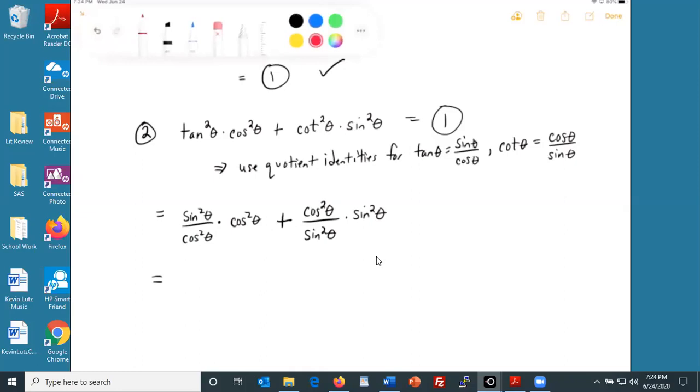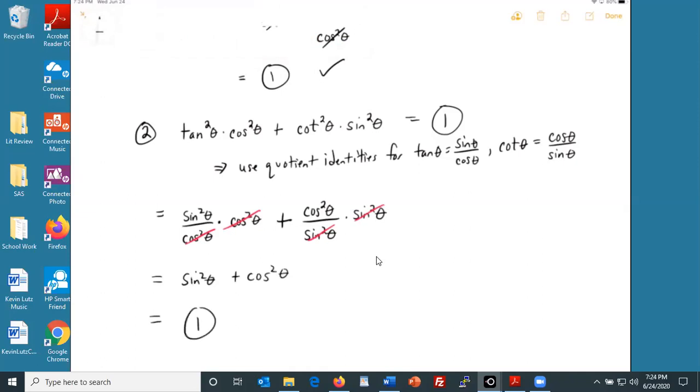All right. Does everybody see cancellation happening here? Cosine squared over cosine squared cancels, and sine squared and sine squared cancel. Then that drops down: sine squared plus cosine squared. Now we can say that is 1.